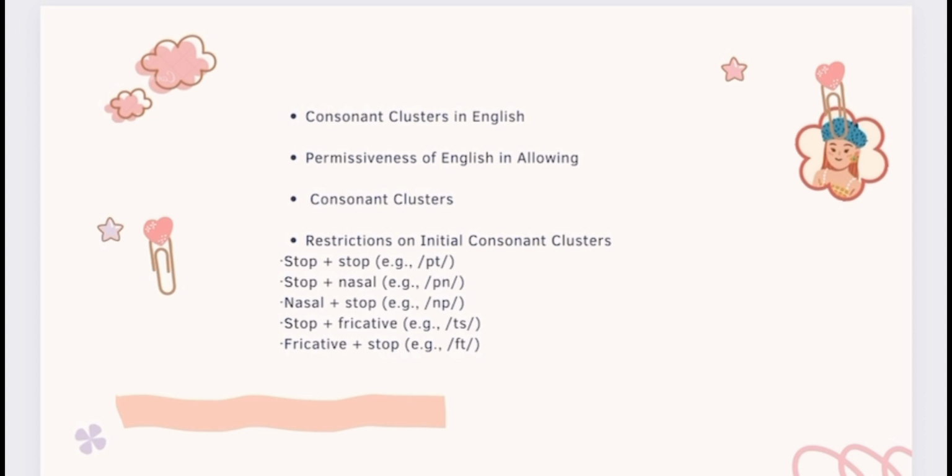Restriction on initial consonant clusters. Initial consonant clusters in English are more restricted compared to final clusters. Several sequences are not allowed in initial position: stop plus stop, stop plus nasal, nasal plus stop, stop plus fricative, fricative plus stop.